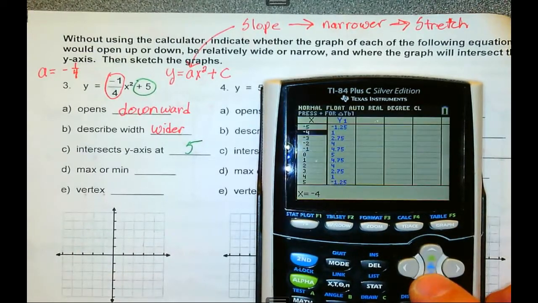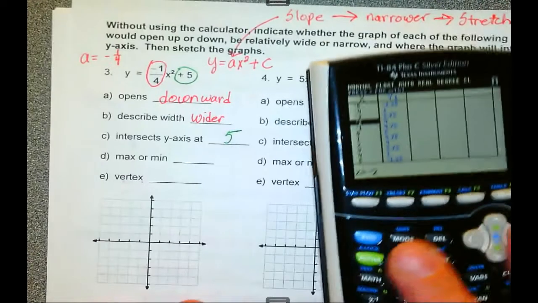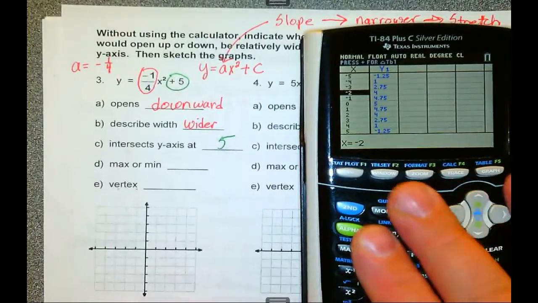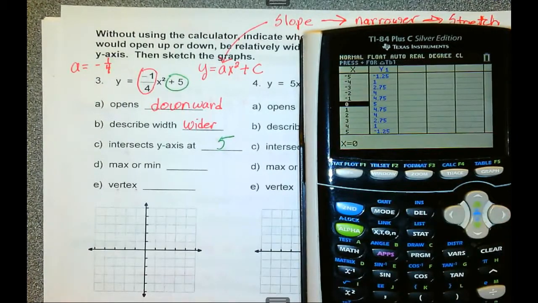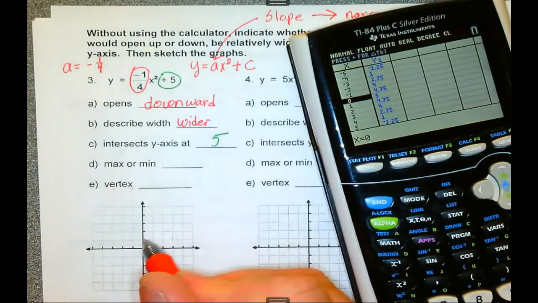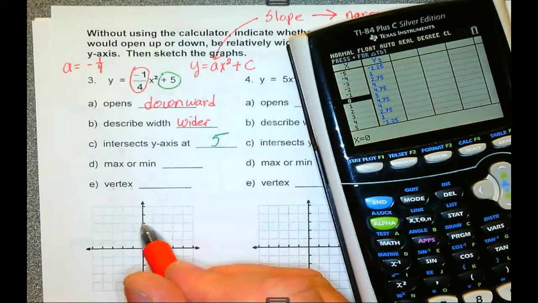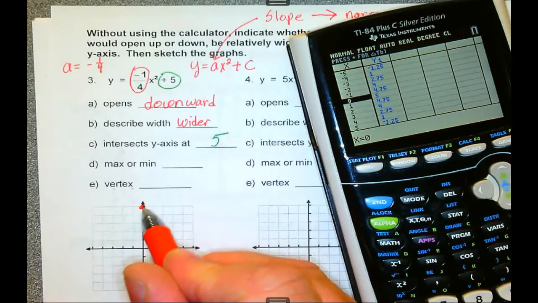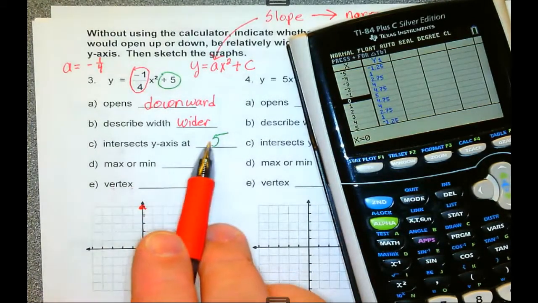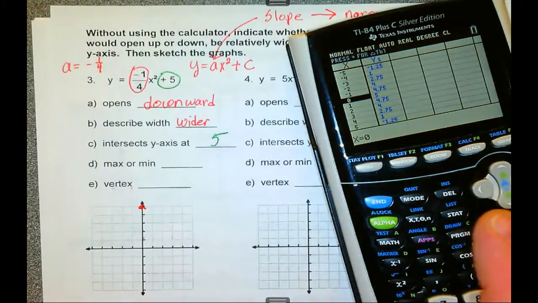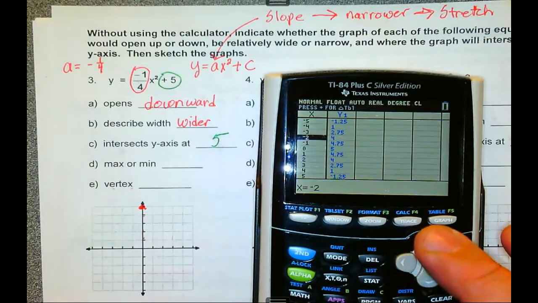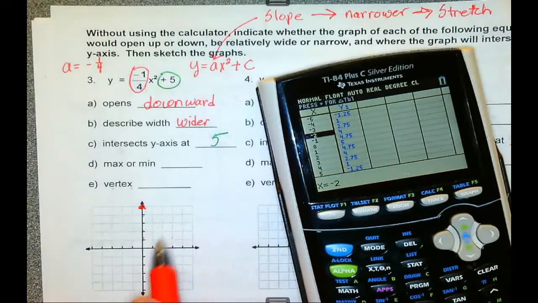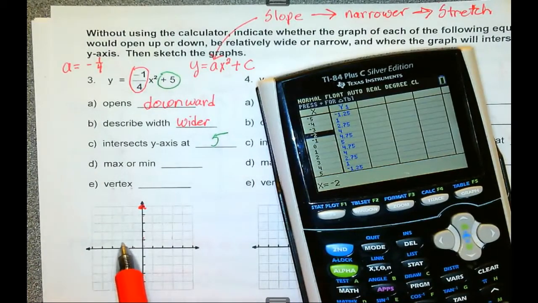And let's look for some points we can plot easily. Let's see. I'm going to use 0, 5. So 0, 5, 1, 2, 3, 4, 5. I knew that was going to happen because remember we intersected the y-axis at 5. Let's see. I've got a negative 2, 4. So negative 2, 4.